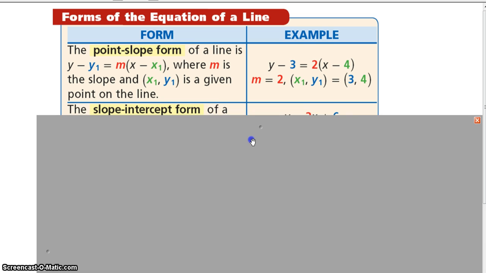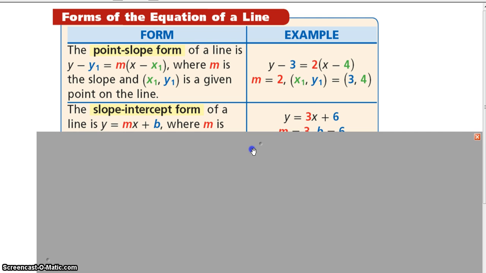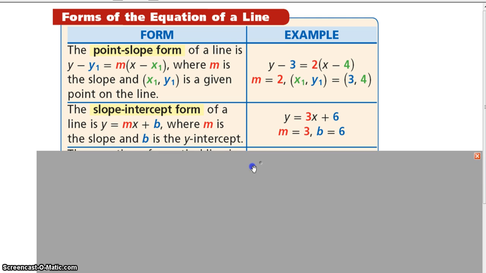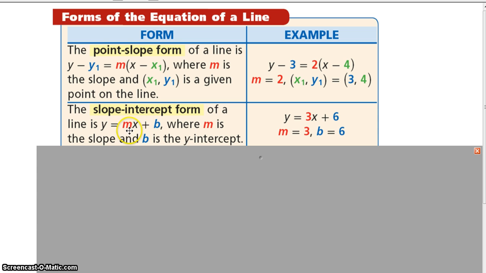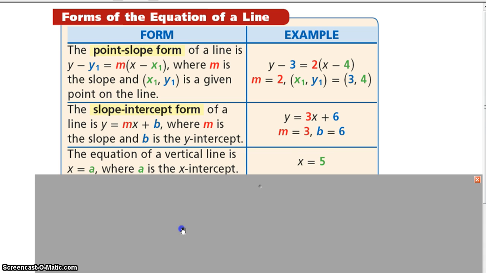So let's recall slope-intercept form. Y equals mx plus b. Good. So the slope, m, the y-intercept of b. If you know those two things, you simply input them. Okay, finally, remember that the vertical line, we identify it just simply as x equals a.